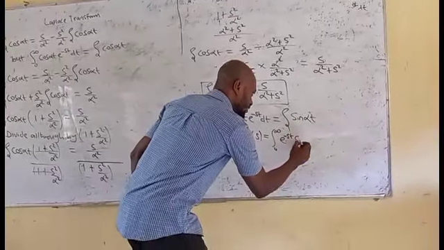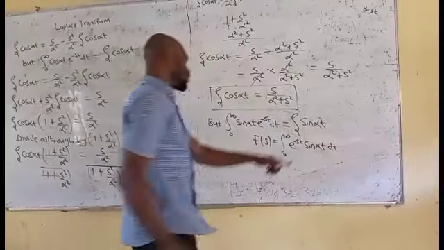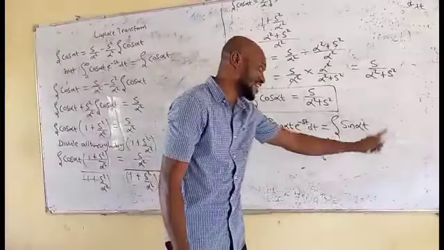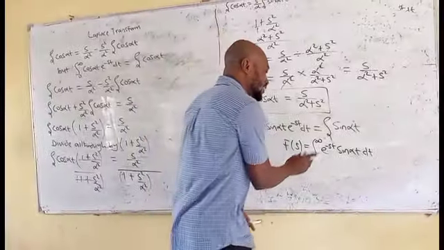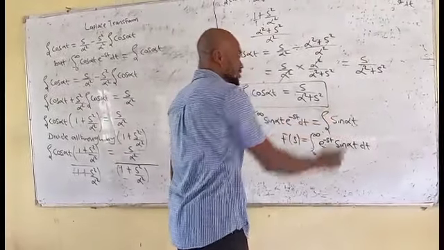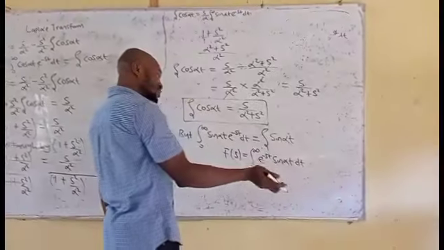You now have sine alpha t times what? You understand? So you will still get something like this. That means what you are looking for is the Laplace transformation of sine wt. You say f of t is equal to this, isn't it?